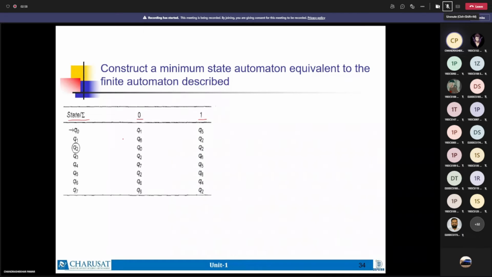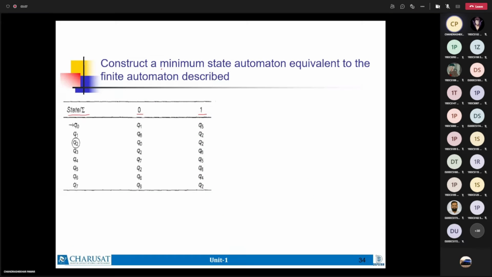Clear? So here the table is provided and you have to prepare the minimum state automaton. This automaton means it is a finite automata. So you have to prepare the minimum state finite automata.